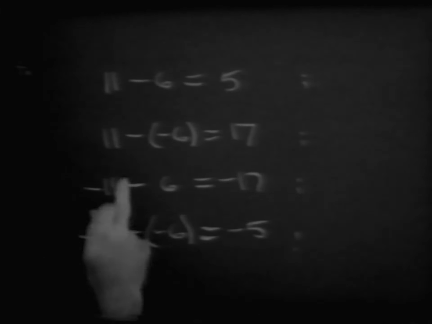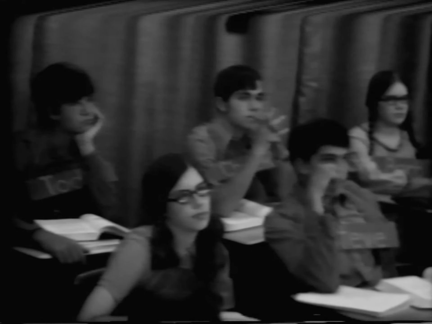Okay, let me write down a few other examples up here. Notice now that I had only numbers that I'm dealing with. Let me talk about variable expressions and see what we can say. Let's take negative 13a minus 5a. What is negative 13a minus 5a equal to? Chuck says negative 18a.